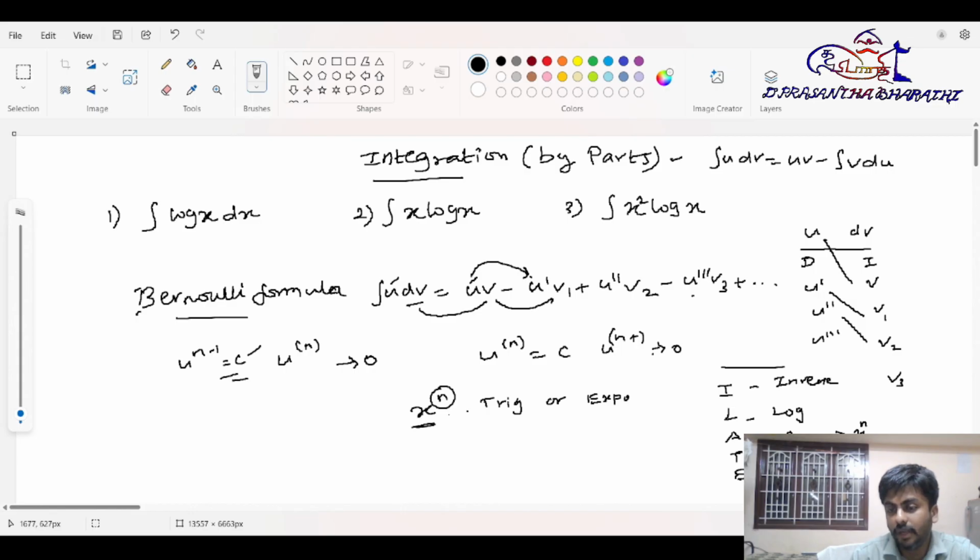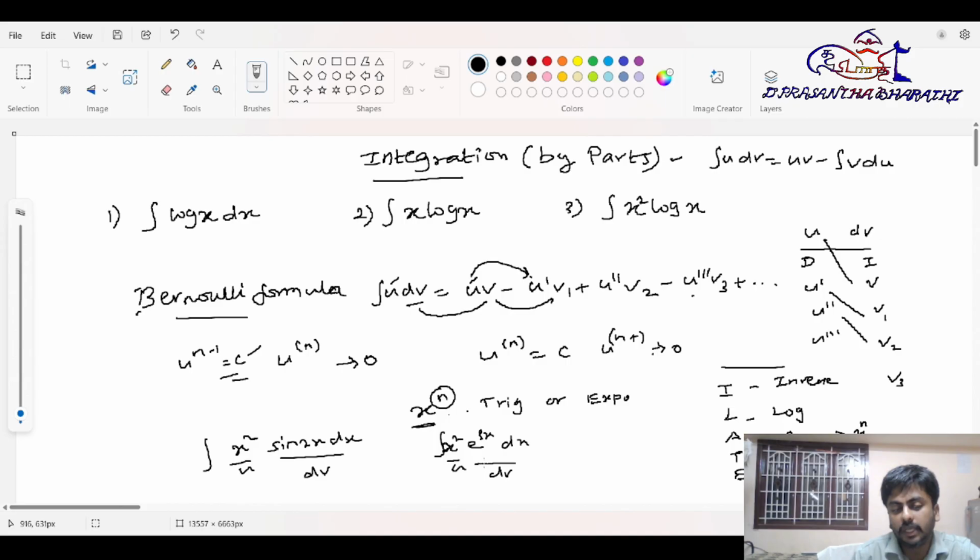Suppose I have x square sine 2x: x square is my u and sine 2x is my dv. Suppose I have x square e power 3x: x square is my u and e power 3x is my dv.